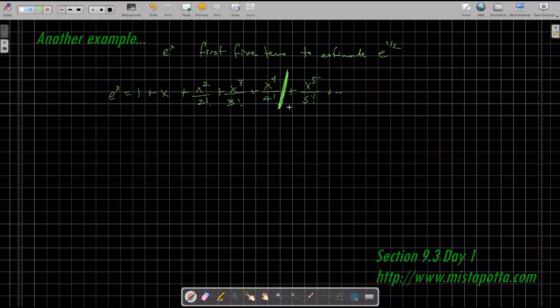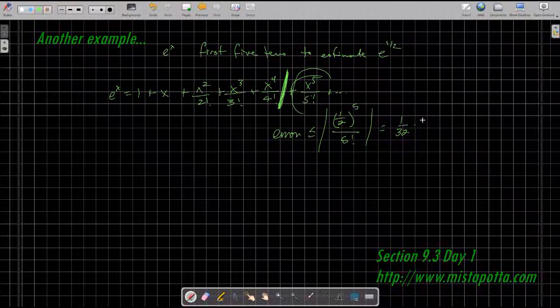And that means that my error is going to be determined by the next term in this sequence. In other words, my error is going to be determined by this. So my error is actually going to be less than or equal to the absolute value of 1/2 to the fifth power over 5 factorial. Now 1/2 to the fifth power, that's 1/32.